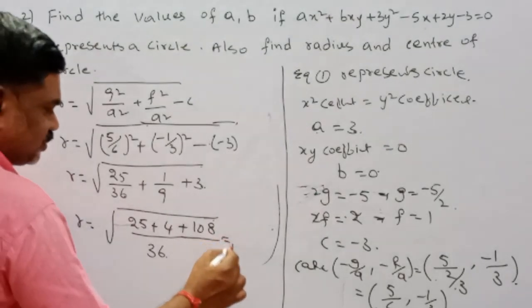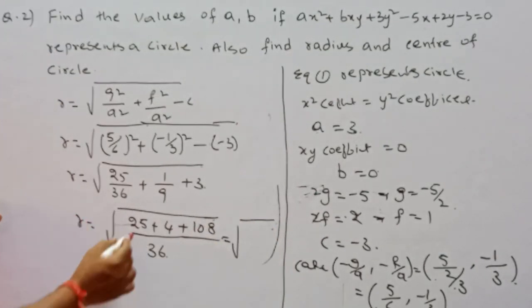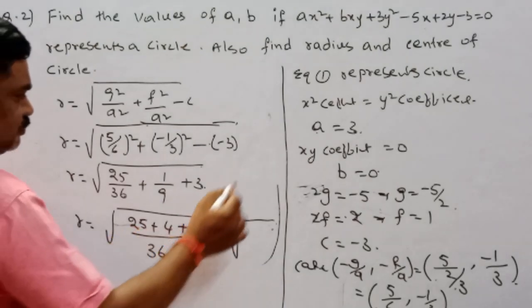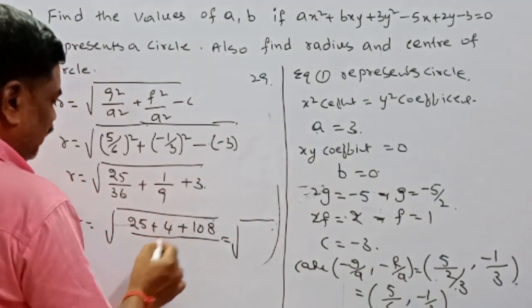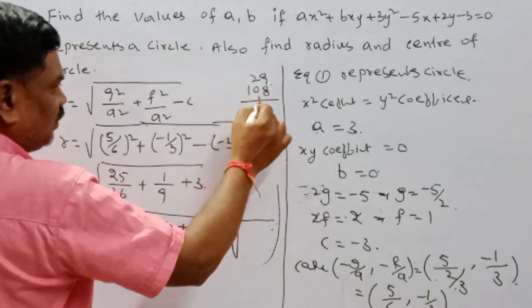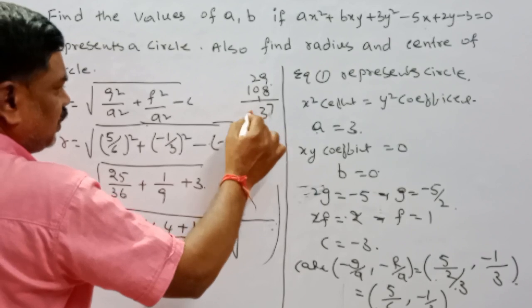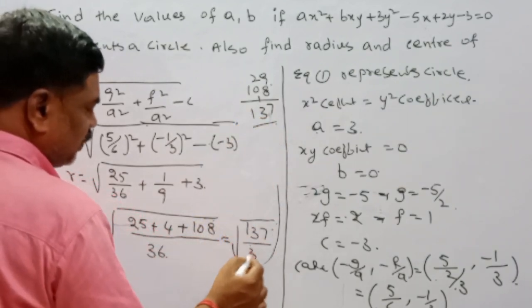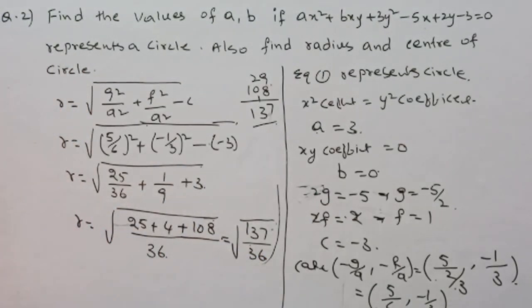So this value is equal to root over 29 plus 108. So what is the value? 137 by 36.